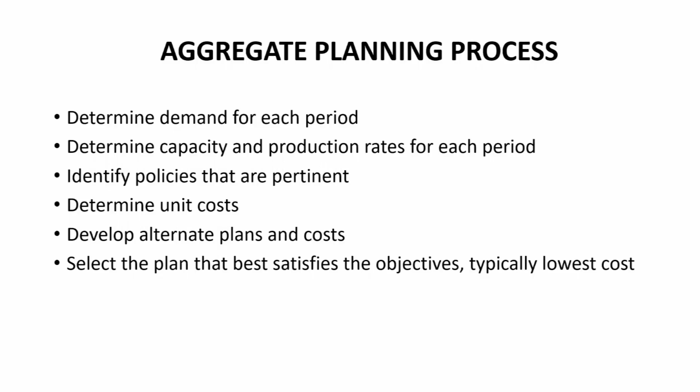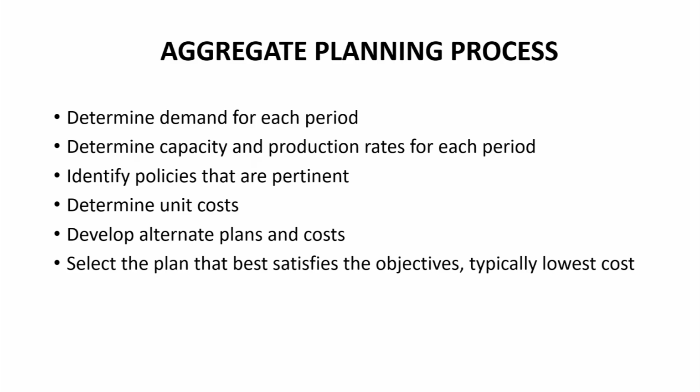In this session, we will look at a few illustrations showing the application of the aspects we covered in our first session. Combining all we studied earlier, the first step in aggregate planning is to determine the demand for each period.